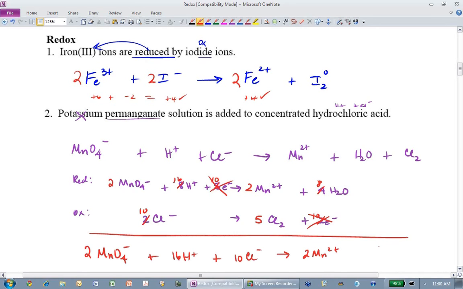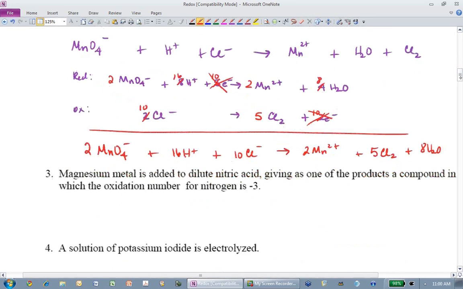I'm nervous right now because everything's an even number, until I put in the 5Cl2 and the 8H2O. As long as I have a prime number in there, I don't have to reduce this whole thing down. All right, so to make sure I wrote everything right, correct, and I'm done. So that would be my answer.